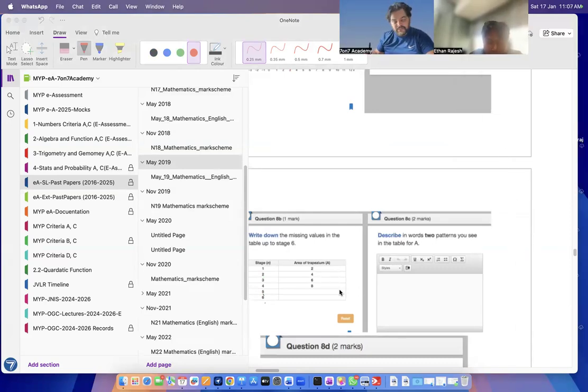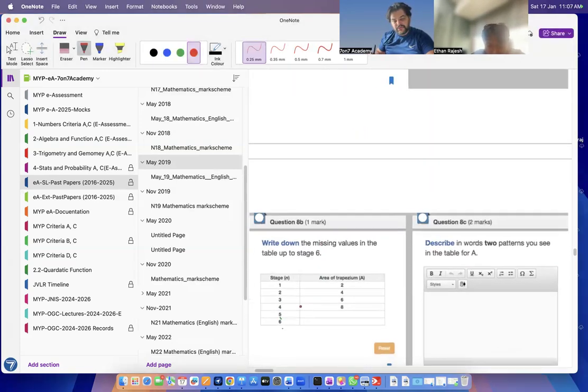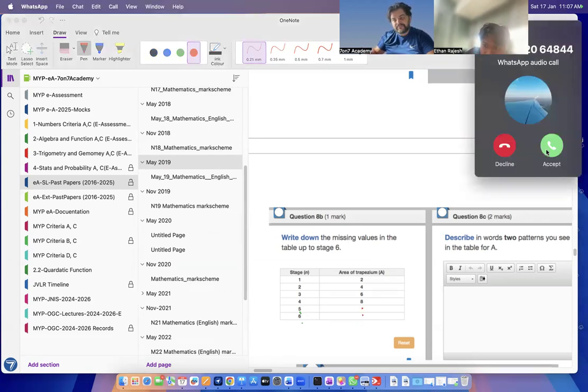Tell me. The given table went till 4, no? So 5 and 6 were not given in the table. Agree? So you have to plug in and put these values, and then get that answer.